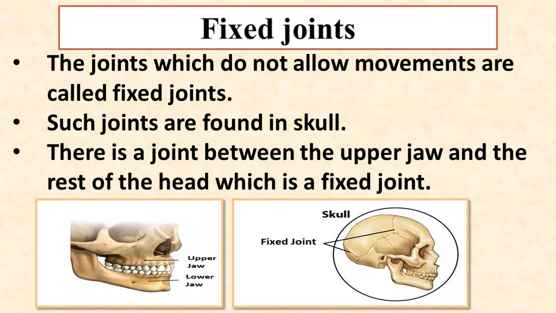Students, when you open your mouth wide, you can move your lower jaw away from your head, isn't it? But you cannot move upper jaw because there is a joint between the upper jaw and the rest of the head, which is a fixed joint.